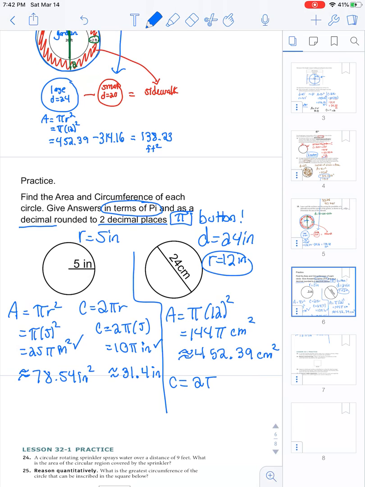For circumference, 2 times pi times radius, or I could just say diameter times pi, centimeters. And using my pi button, that is approximately 75.398. So that will round up to 75.40 centimeters.